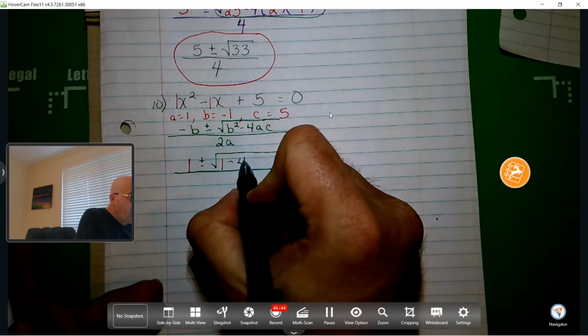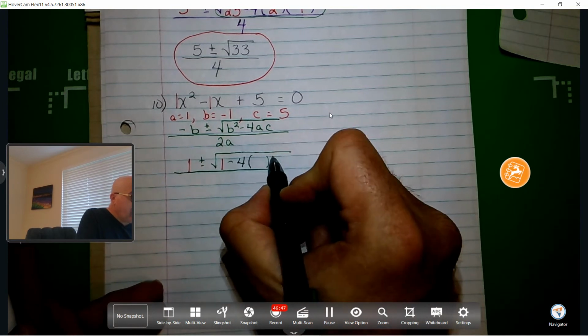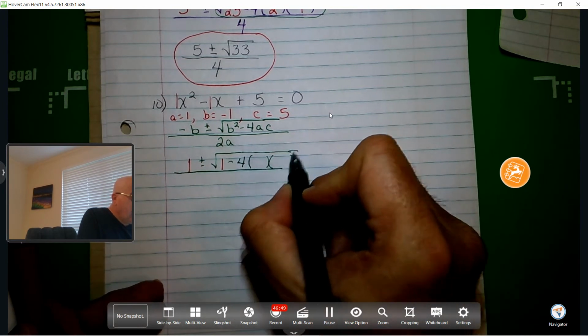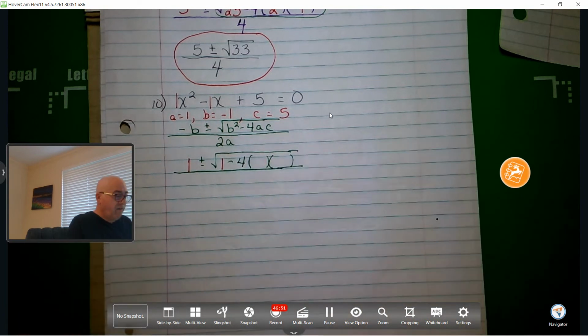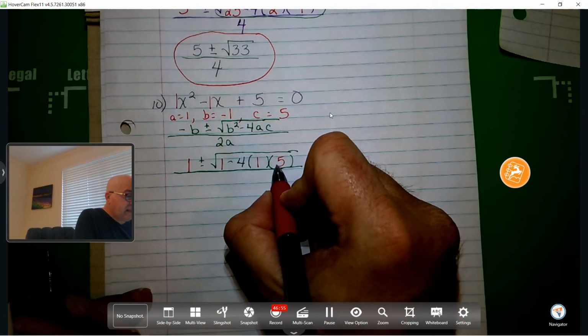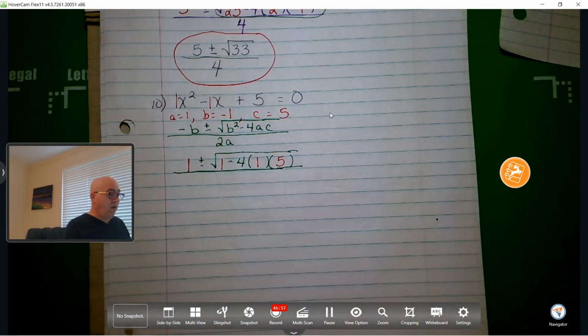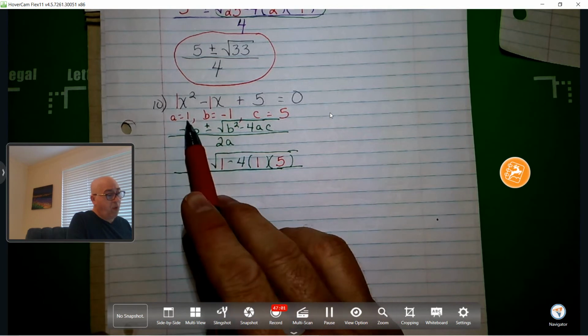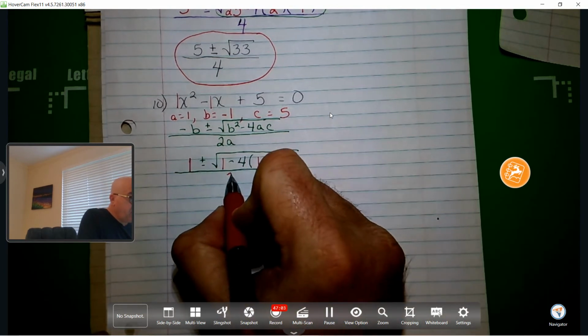Minus 4. Now I use parentheses just to distinguish them. 4 times A times C, all over 2 times A. When I put a 1 in for A, is that going to be a 2?